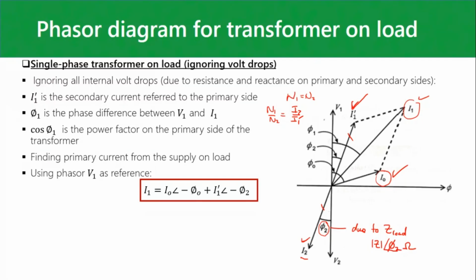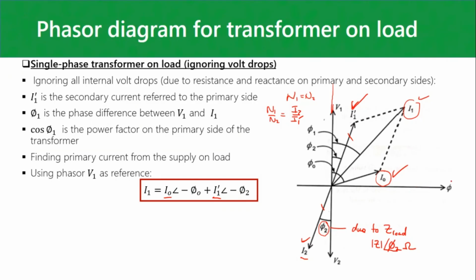So I1 will be IO and the I1 prime, okay, with the angles. Why are they minus? Because they are relative to this, eh? Funny, we normally do things from the positive x-axis, eh?